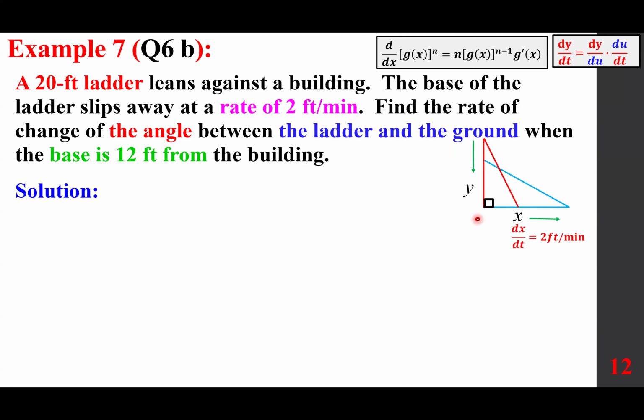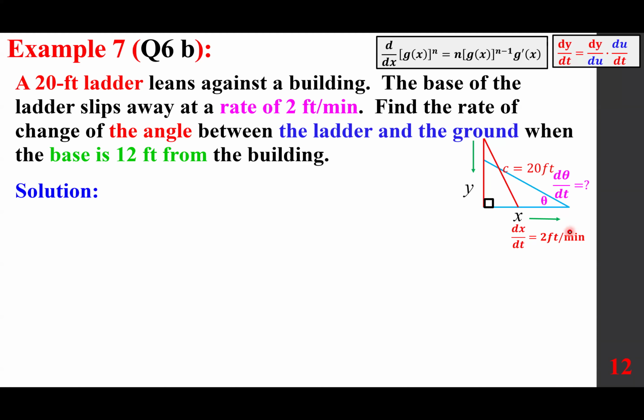This side is fixed, c equals 20 feet. And this is the angle of interest. Find the rate of change of the angle between what? The ladder and the ground, this one. So theta, and therefore we are asking for what? d theta/dt.